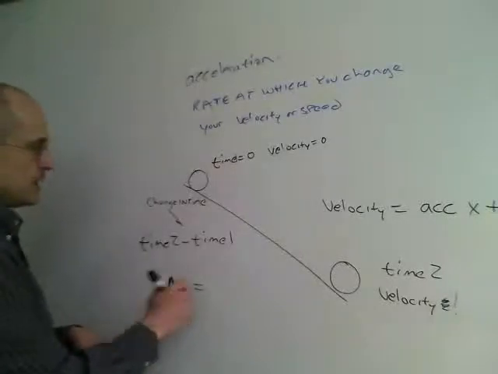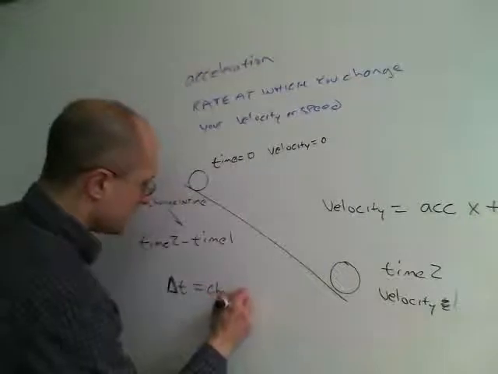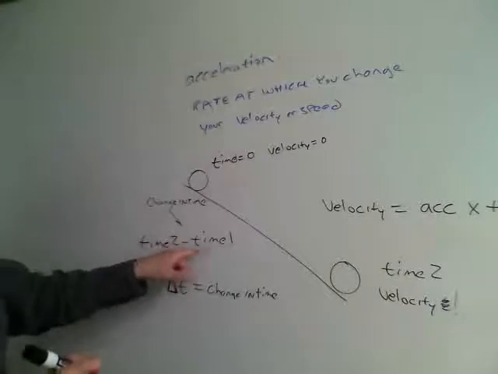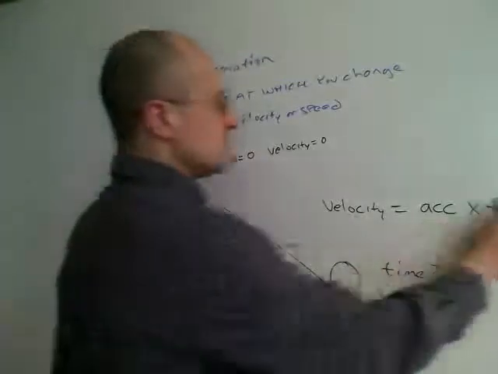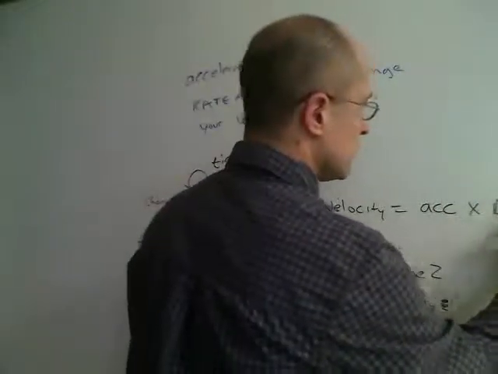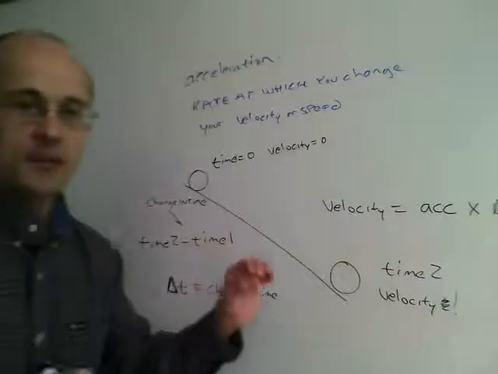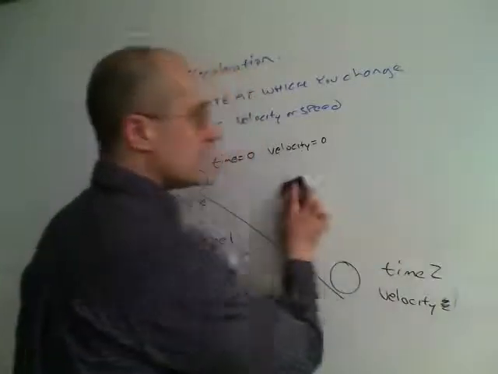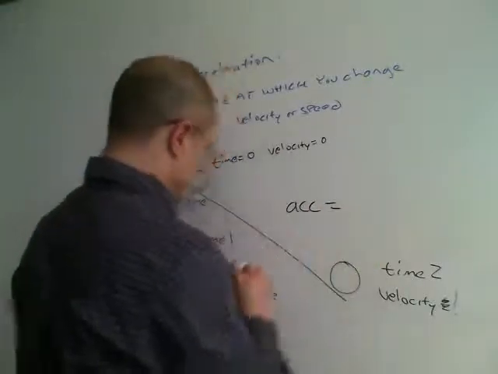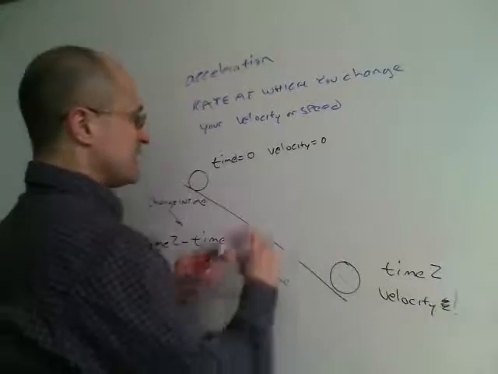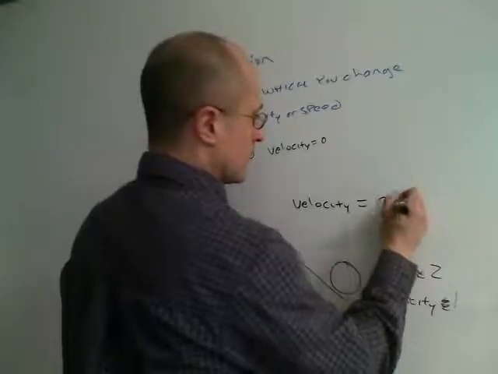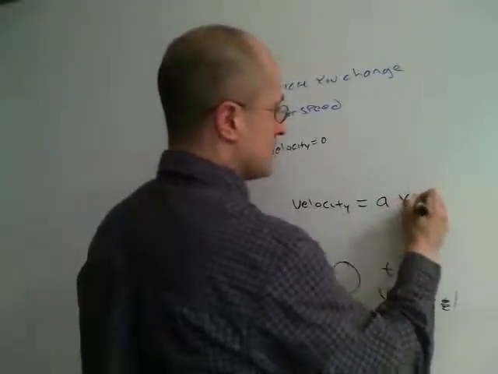So delta t is a change in time. Instead of having to write time 2 minus time 1, we would write delta t. So really, your velocity is equal to your acceleration, a, times some amount of change in time, delta t.